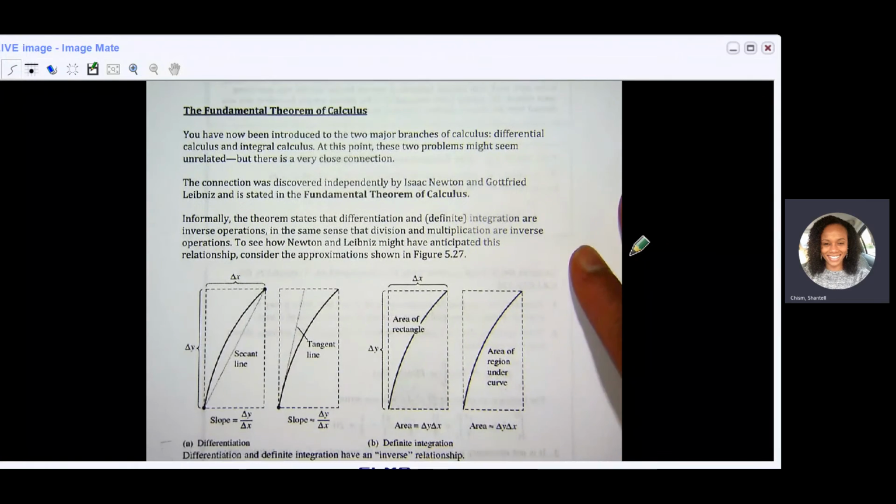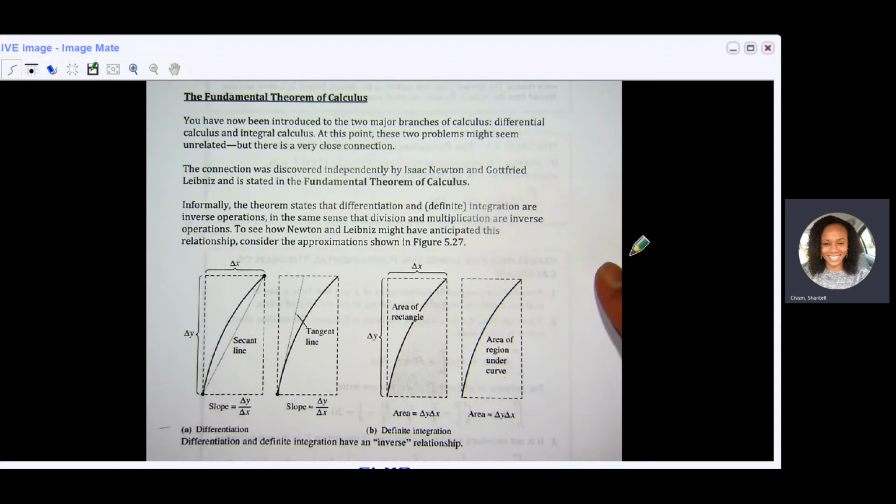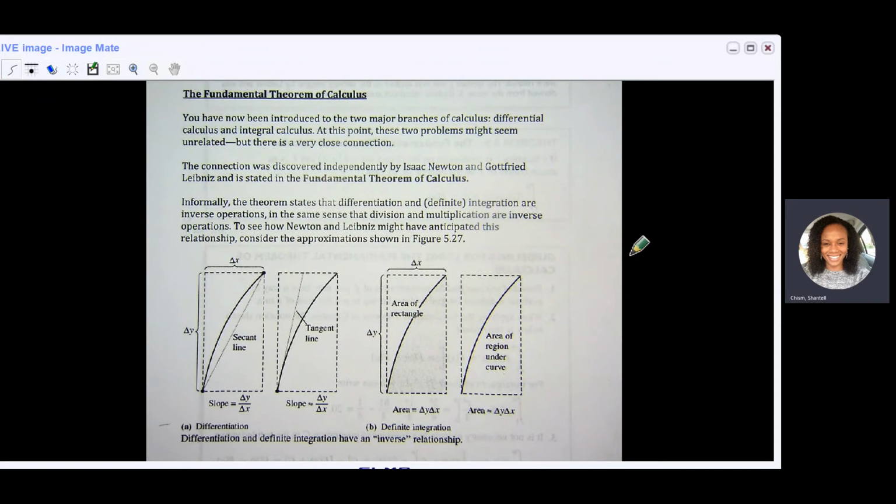Let's get into that. You have now been introduced to the two major branches of calculus, differential calculus and integral calculus. At this point, the two problems might seem unrelated, but they're actually very close. And they shouldn't feel completely unrelated because we looked at limits for both, so you could kind of see the connection.